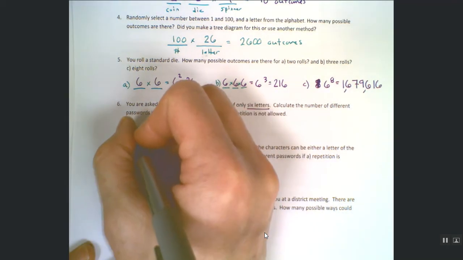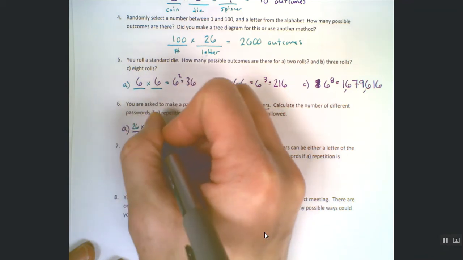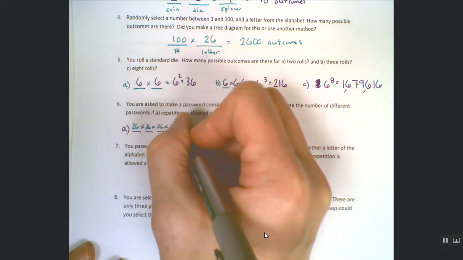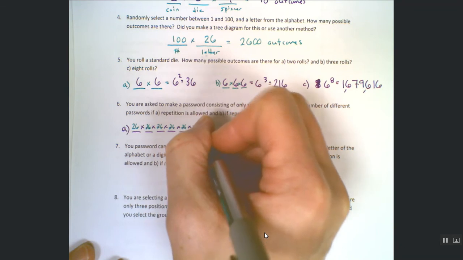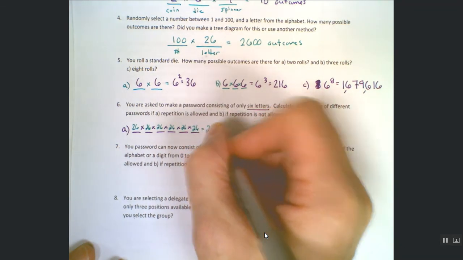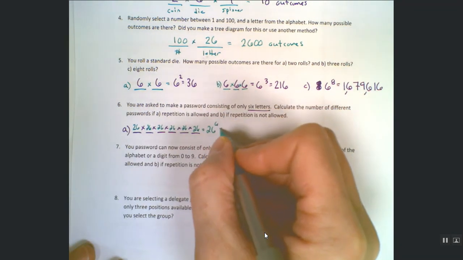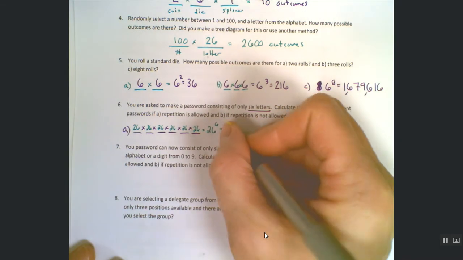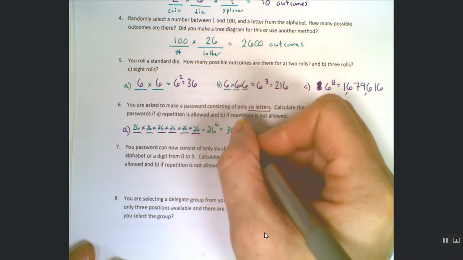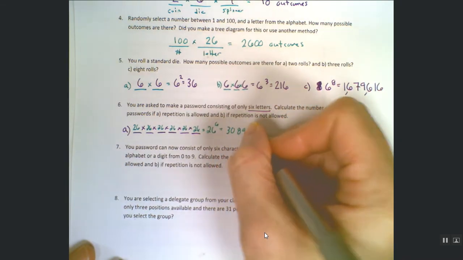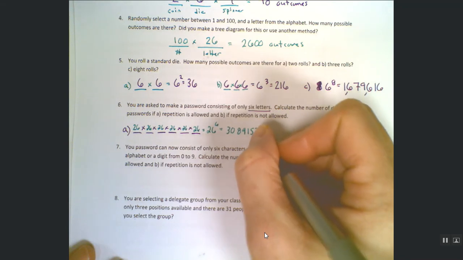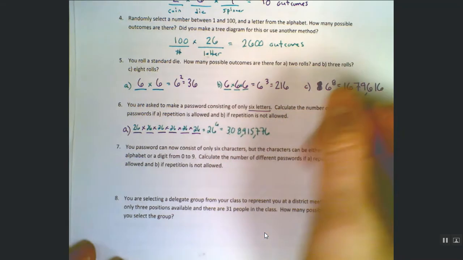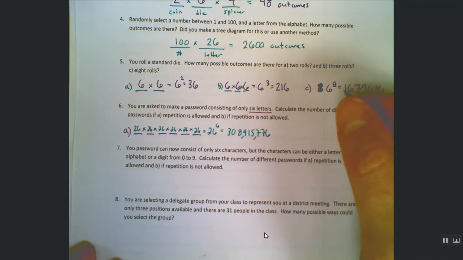There are 26 letters, 26, 26, 26, 26, 26, or it's really 26 to the power of 6. That's a very, very big number.